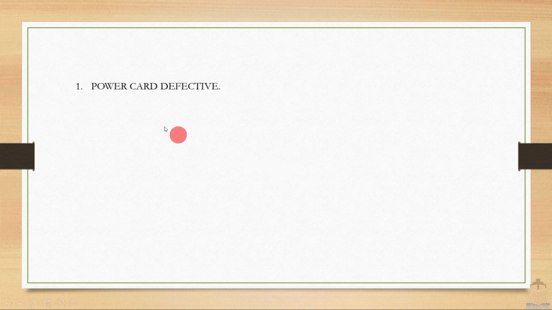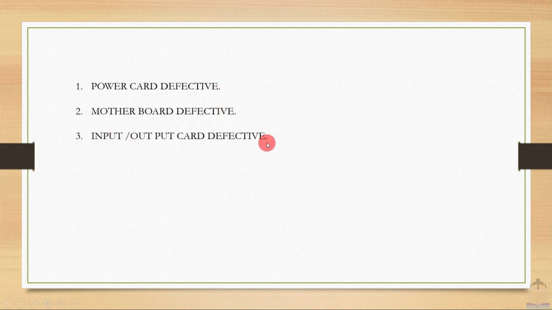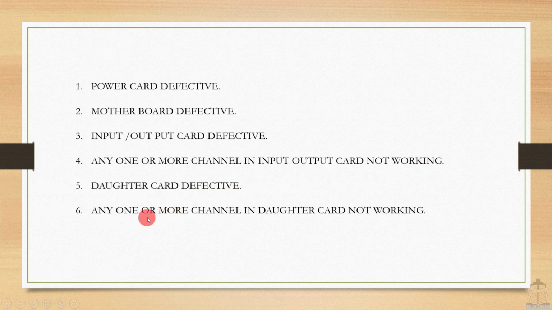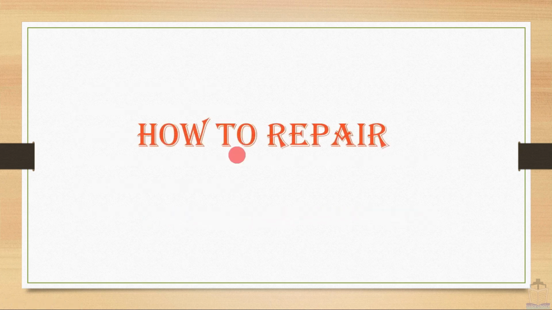For example, power card defective, motherboard defective, input output card defective, any one or more channels in the input output card not working, daughter card defective, any one or more channels in the daughter card not working.